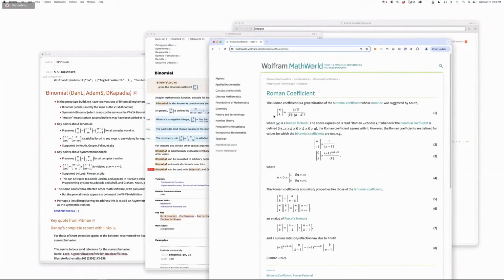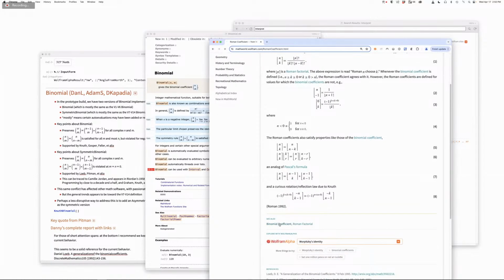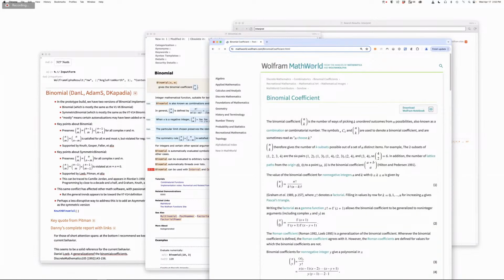Which one is that? Because Roman was a name of a person in the math world. It's neither; we have something completely different. Are you sure it's different?